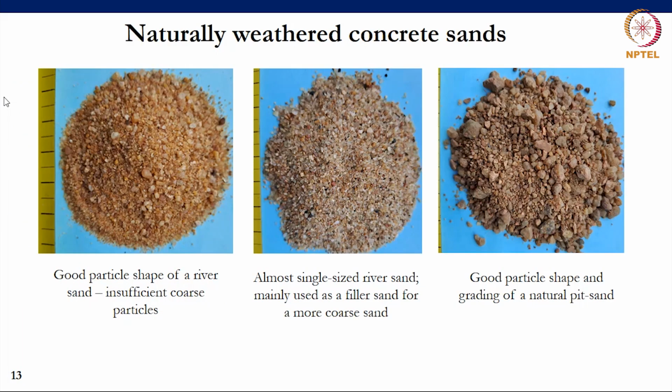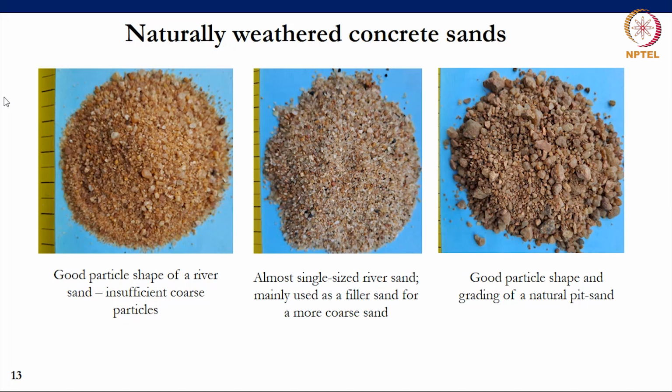Here are 3 examples of naturally weathered concrete sands. On the left shows a fairly good particle shape of river sand with a low amount of coarse particles. In the center, we see an almost single-sized river sand. This would probably have been deposited in a water environment, which has a natural grading separation effect.